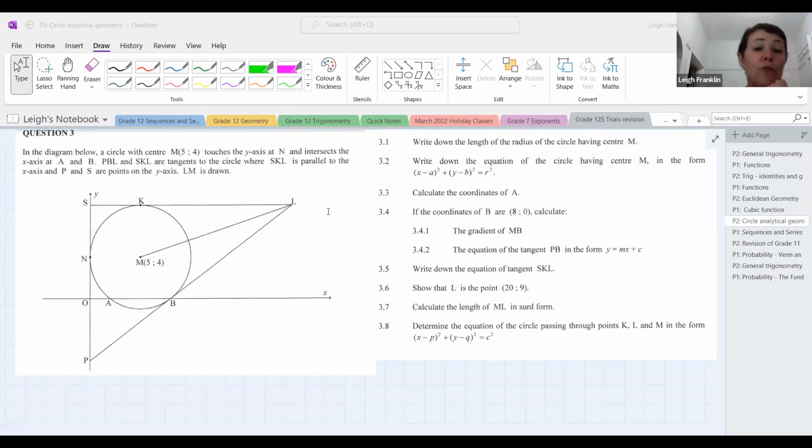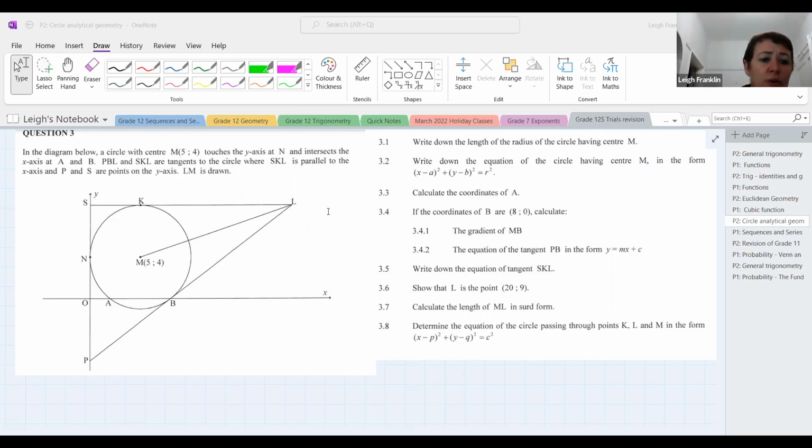Okay, so just a horizontal one. Horizontal lines are written in the form y equals, if they do ask us that. If it's a vertical line, then we write it in the form x equals.